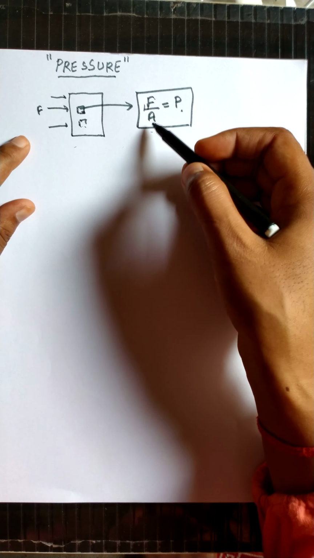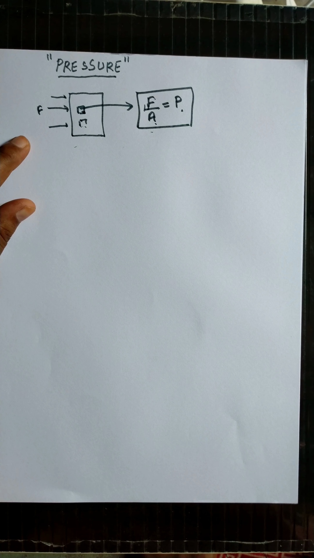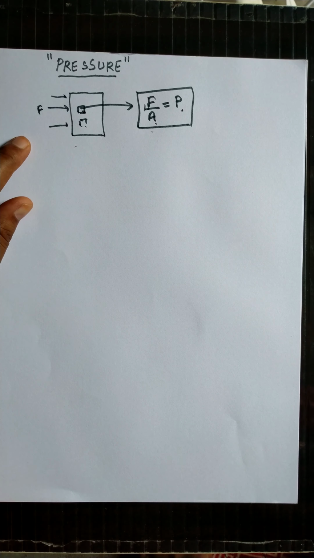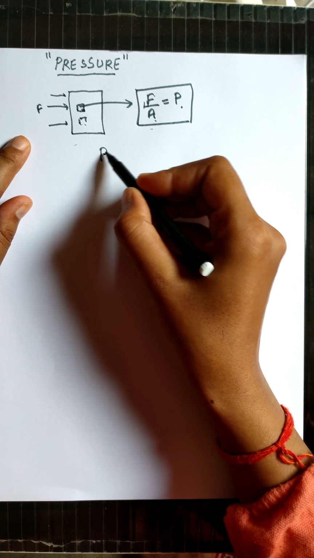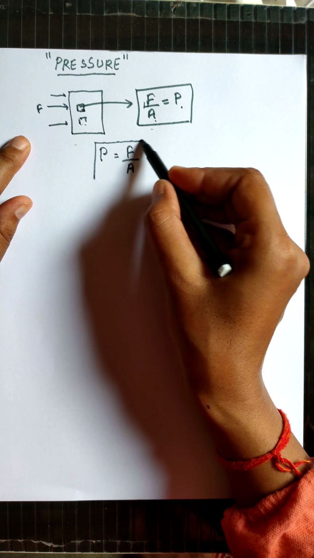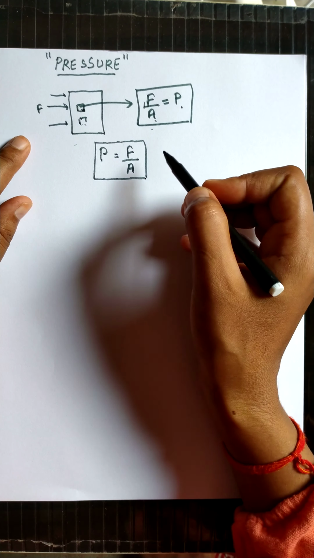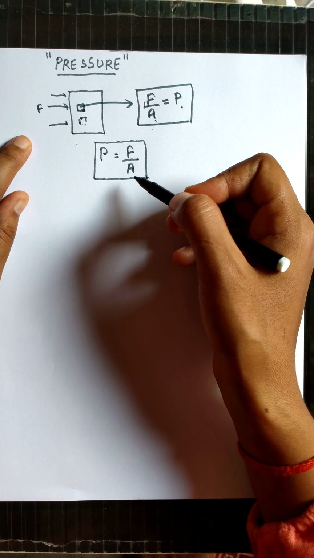Pressure is equal to force per unit area of an element of a metallic block or of a thin sheet of paper. Students, therefore we can say pressure is equal to force per unit area. That means how much force is applied on an object in its unit area.